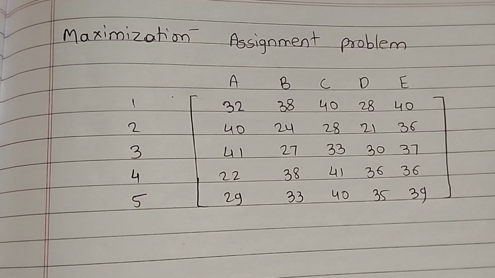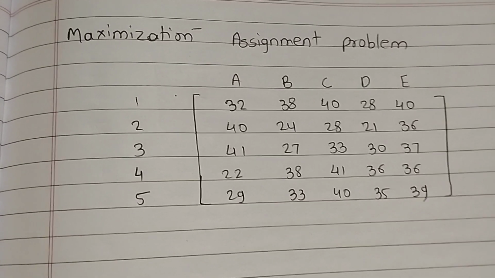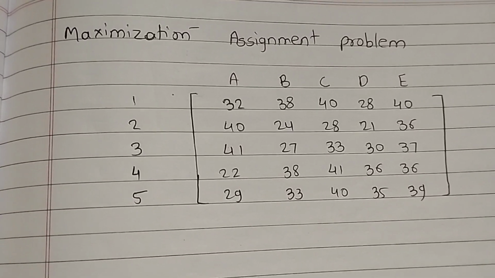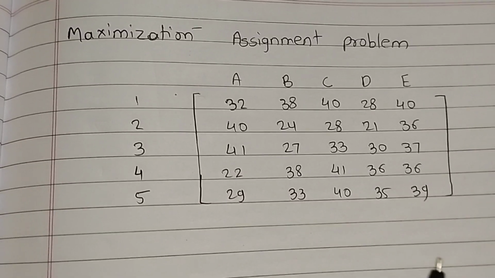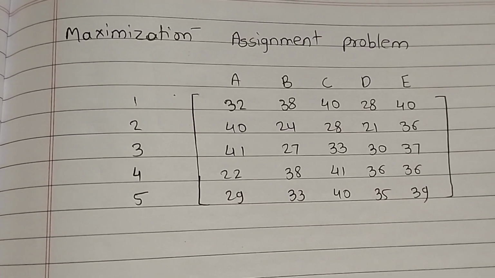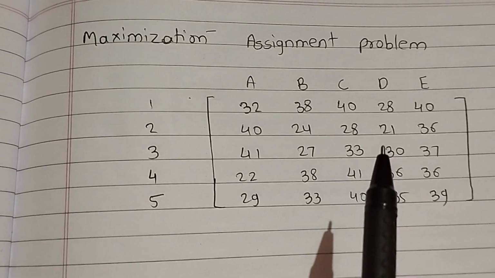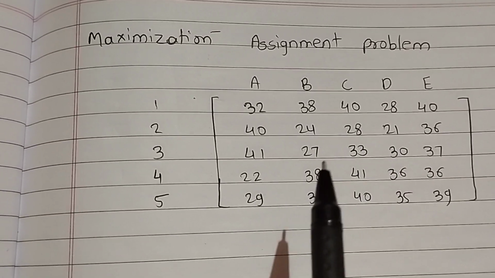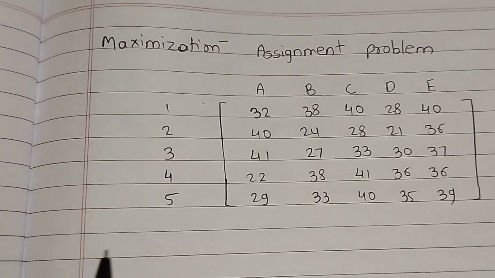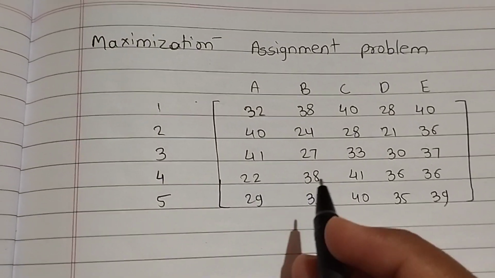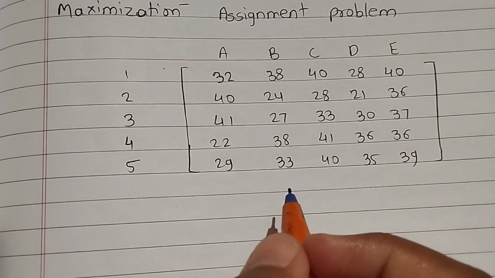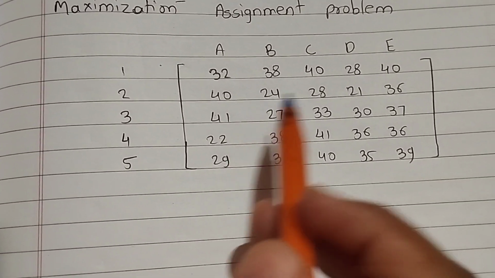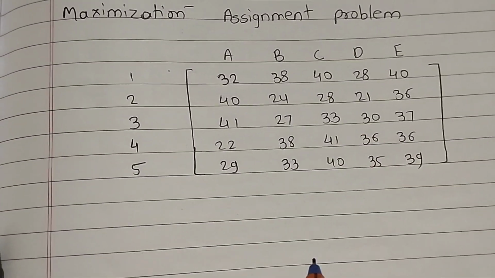The small change is to first find the largest value from the matrix and subtract each element from it. So in this matrix the highest value is 41. So subtract each element of the matrix from 41.